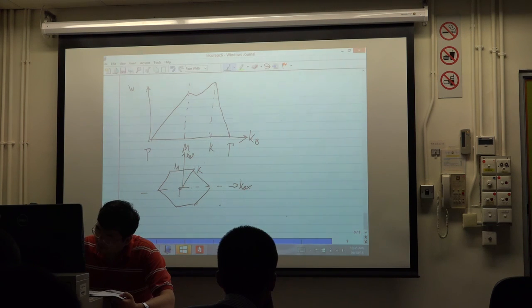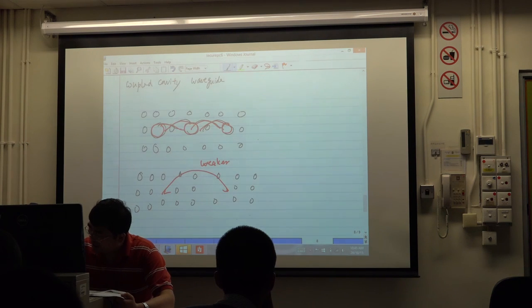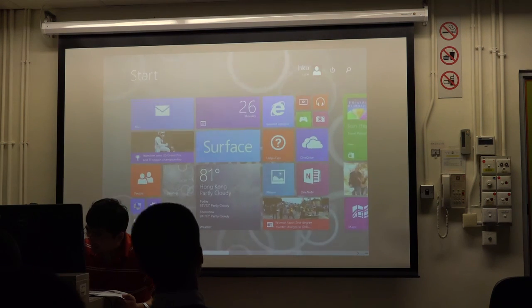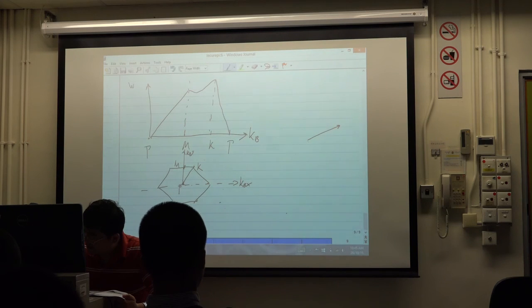First, we see this curve. Everyone knows k Bragg along the x-y direction is similar to a tangential vector, right? This is x, this is y, this is z.